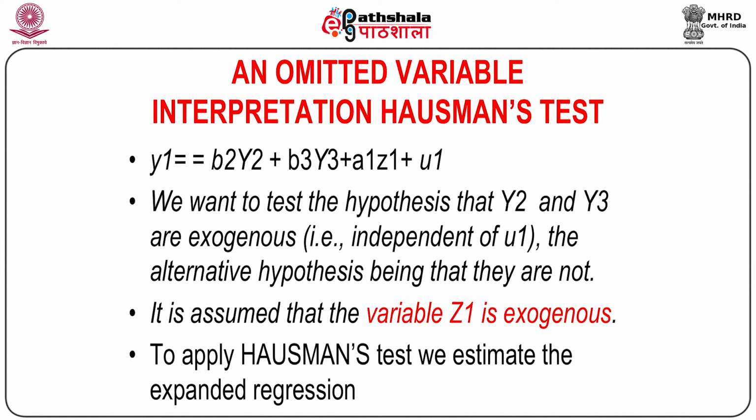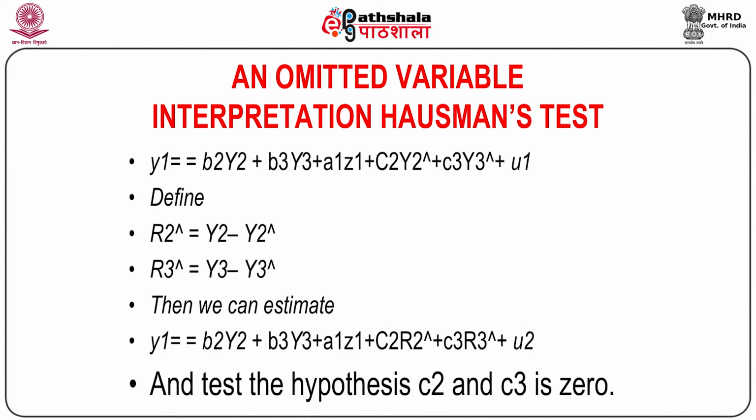Then to apply Hausman's test, we estimate the expanded regression y1 equals b2 y2 plus b3 y3 plus a1 z1 plus c2 y2 hat plus c3 y3 hat plus e1.